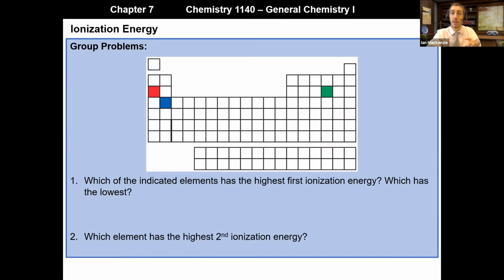So the real difference here is core versus valence electrons. Removing a core electron is much higher in energy, so we would expect red to have the highest second ionization energy. So hopefully this is helpful in understanding how we talk about ionizations of valence electrons and core electrons and the energies that are associated with those.